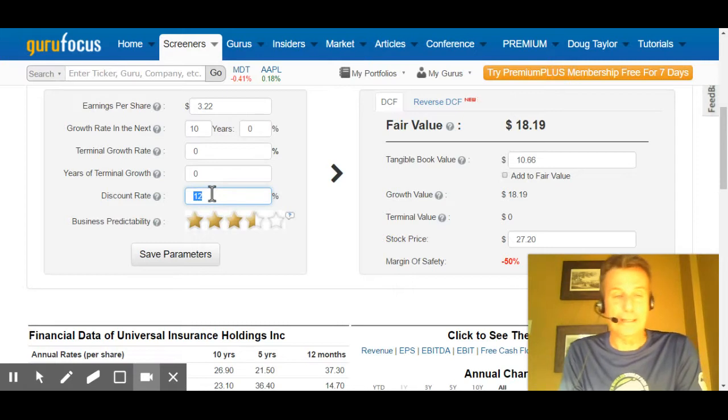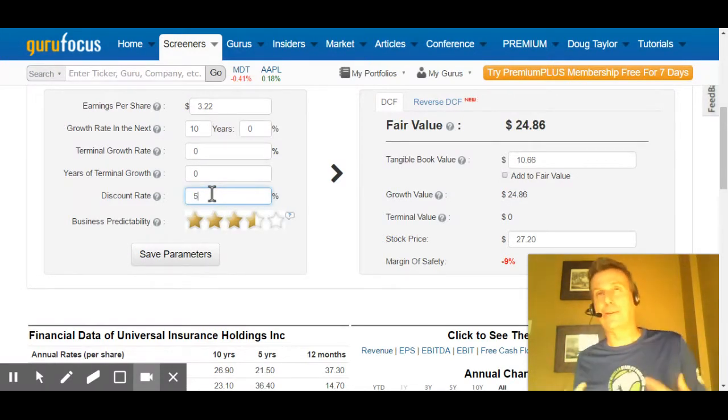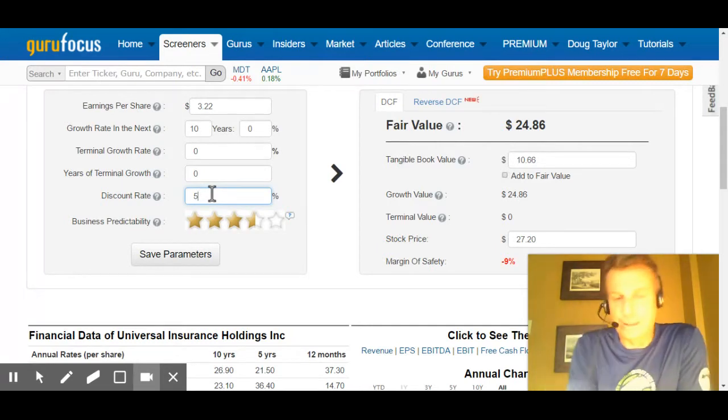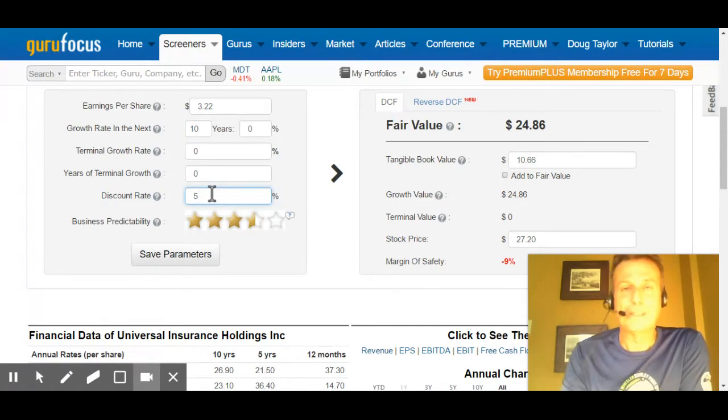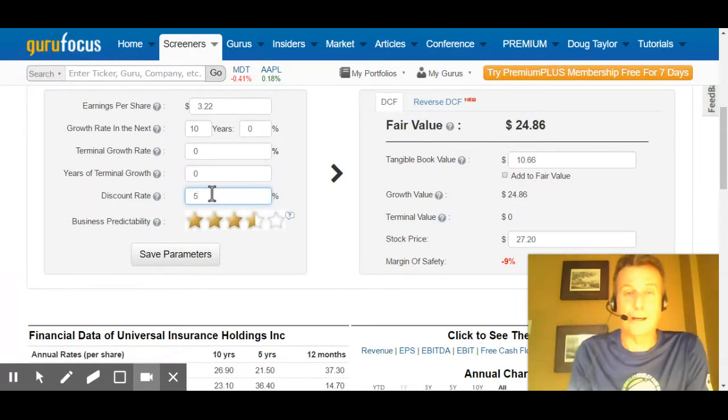So for 10 years, I would be able to make 5%. So I'm going to discount it. It's going to divide the number by 5% just to discount the value. So when interest rates are high, you can get a GIC with a high interest rate.